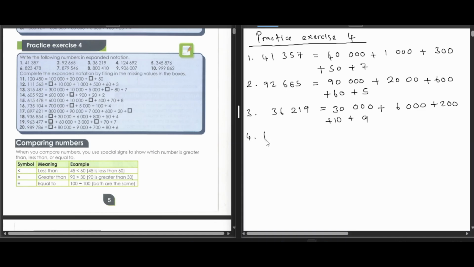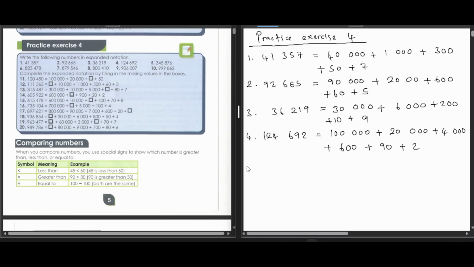Number 4, 124,692 is equal to 100,000 plus 20,000 plus 4,000 plus 600 plus 90 plus 2, like that.